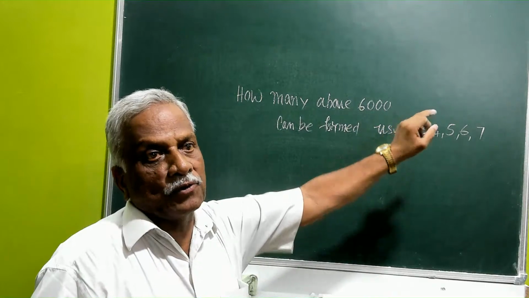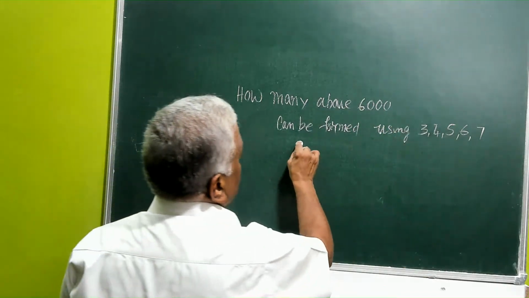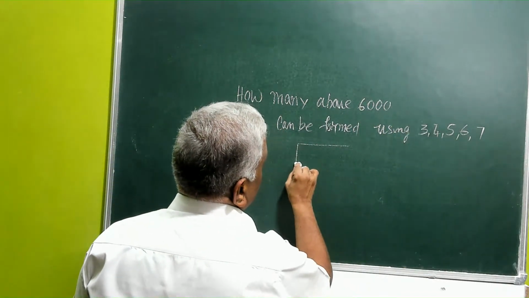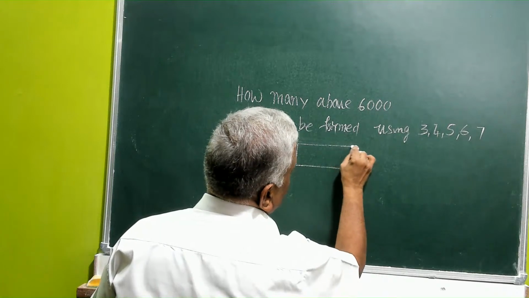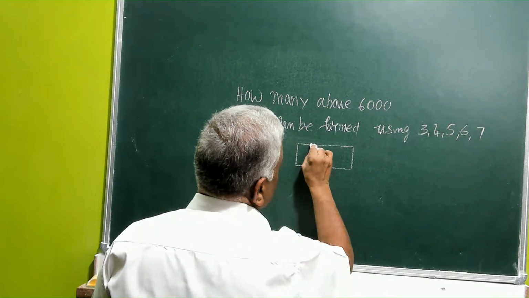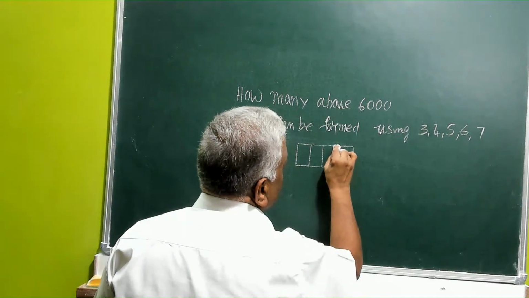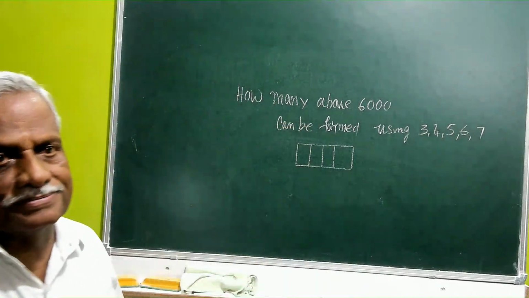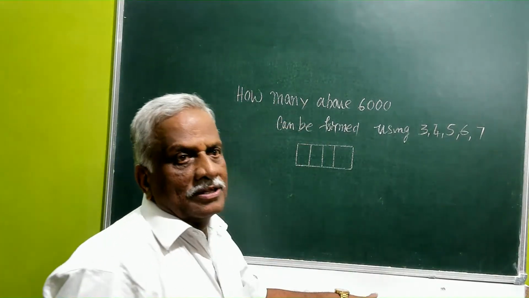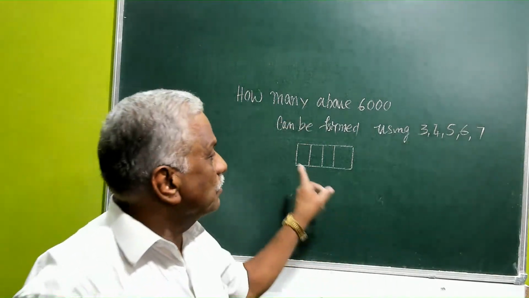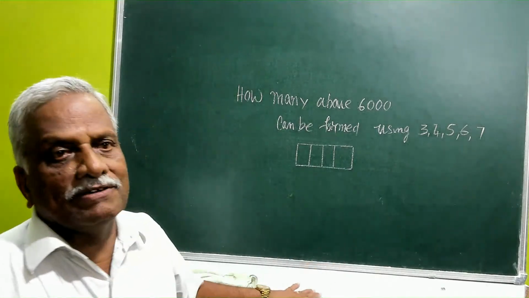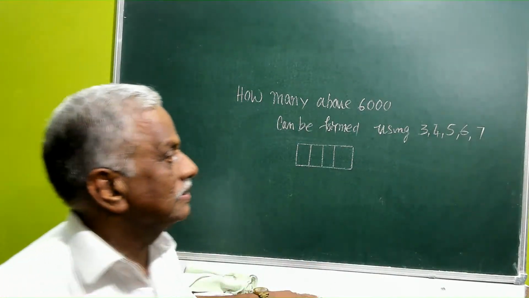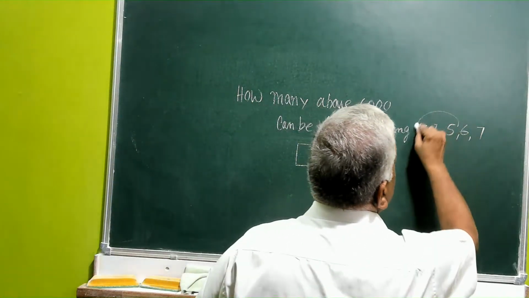But 6,000 is a 4-digit number. Therefore, it is similar to filling up 4 boxes. This method of working out becomes so simple and so easy that you will never go wrong. Now, which box is very important? The first box is important. Why? We want a number to be more than 6,000. Therefore, you cannot use these 3.